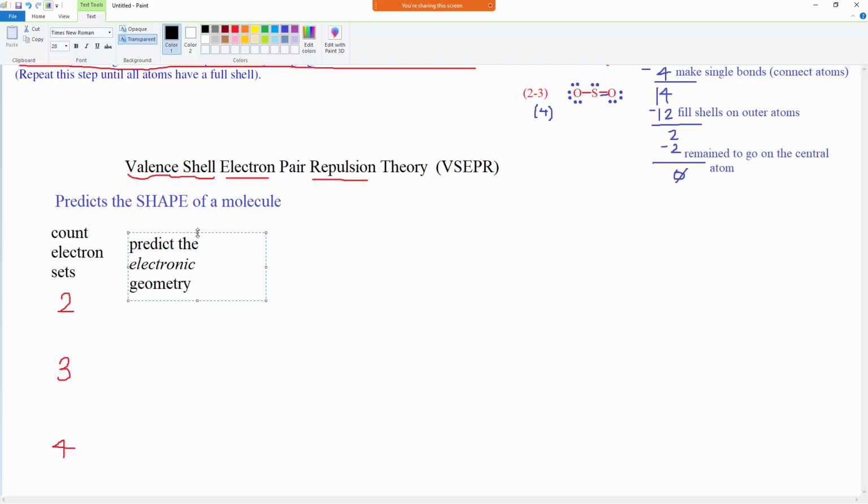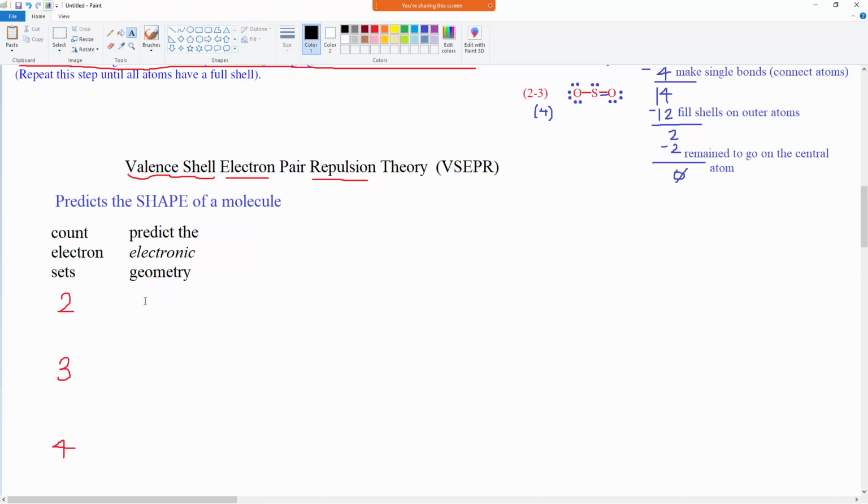That is to say, I can predict the spatial arrangement of those electron sets. That's what I mean by geometry here. The arrangement of those electron sets in space, I can predict just knowing how many electron sets there are.